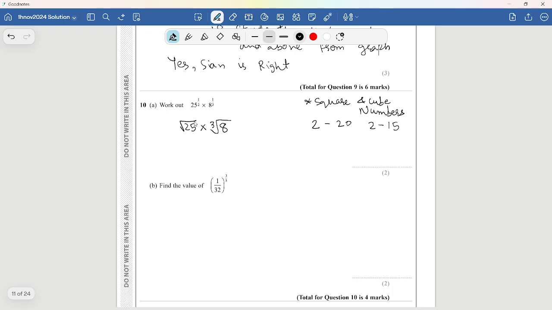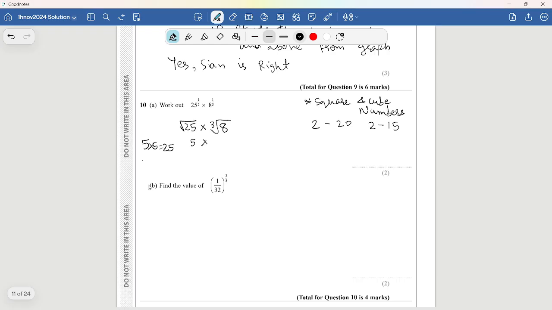The square root of 25: what number multiplies by itself to give 25? We know 5 times 5 is 25. So the square root of 25 is 5. Now, what is the cube root of 8?